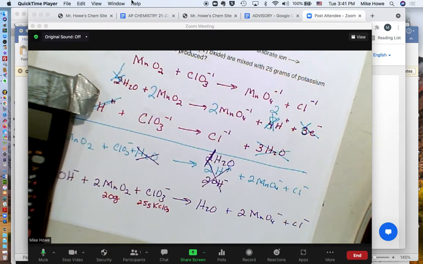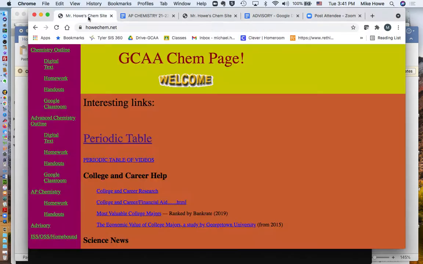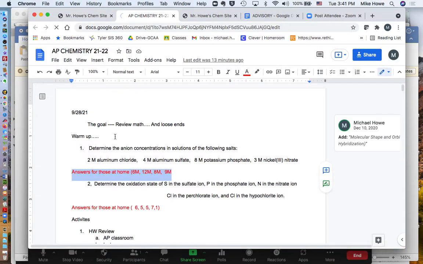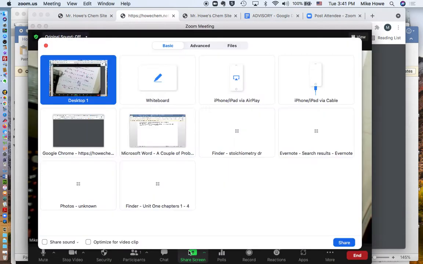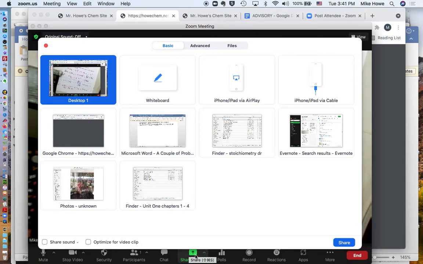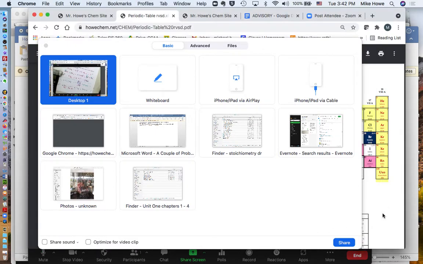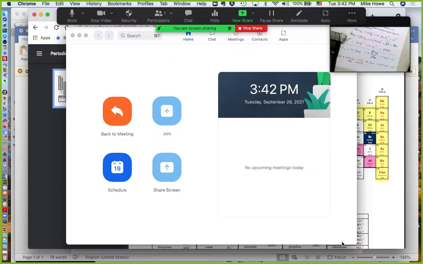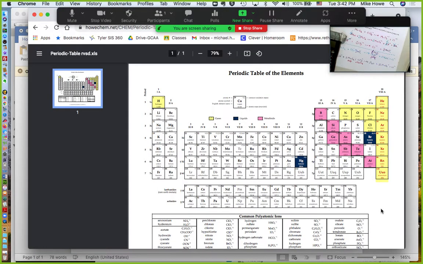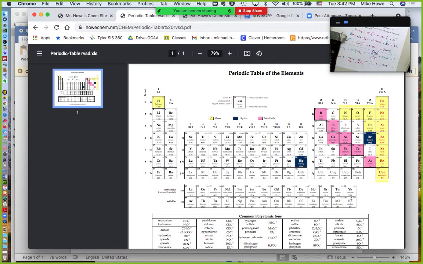So if we go to a periodic table, the periodic table is going to look like this. So there's the periodic table.